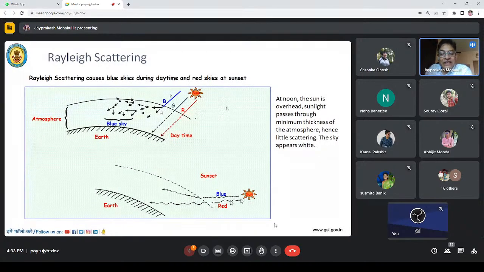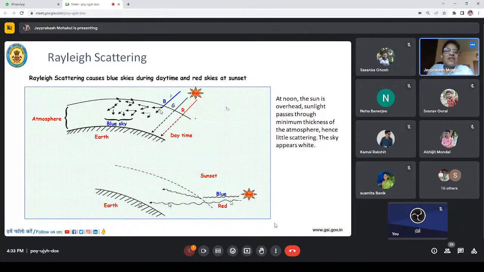But the red travels through a much longer part of the atmosphere. So though this part of the sky looks blue, this part of the sky looks red. Understood? Anybody standing here will see this part of the sky looks red.